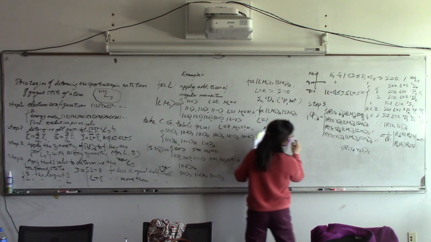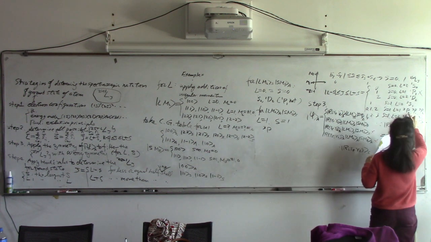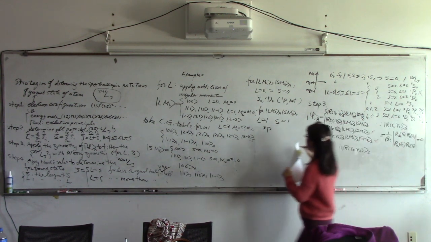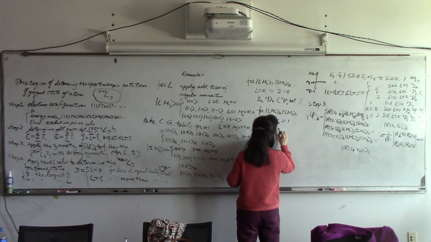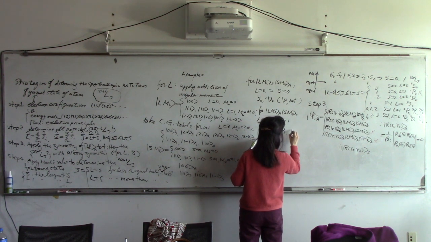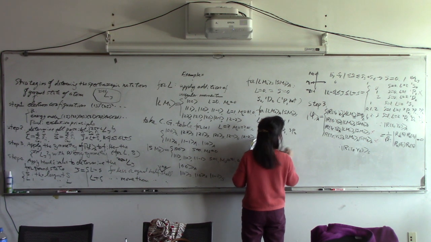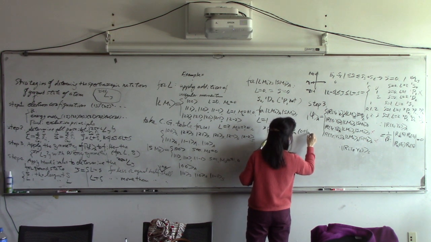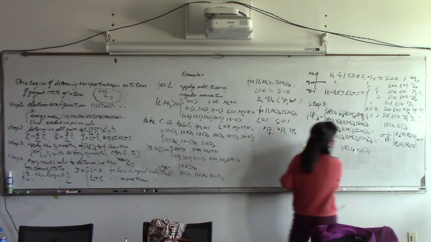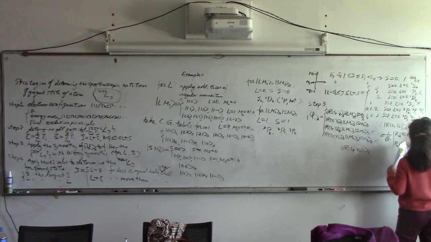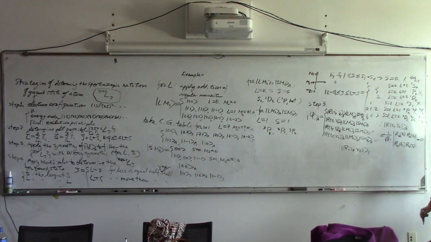3P, then J we have a possible 0, 1, 2, right? 0, 1, 2. The others do not exist.